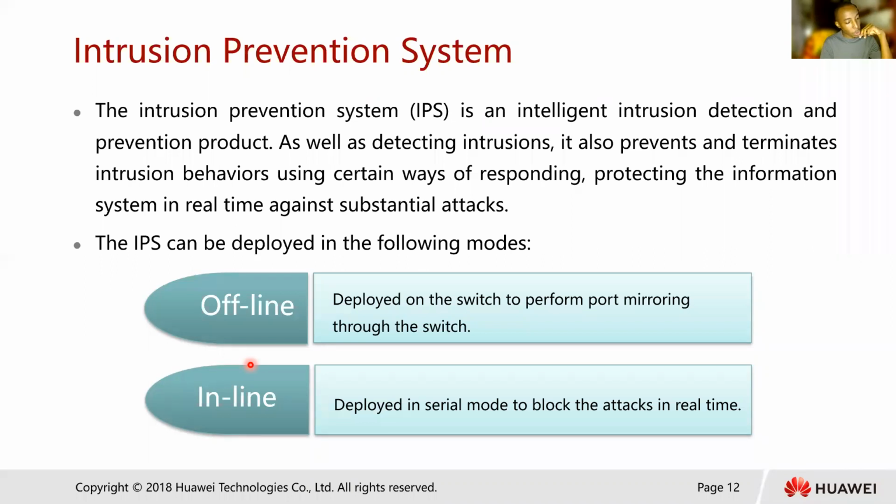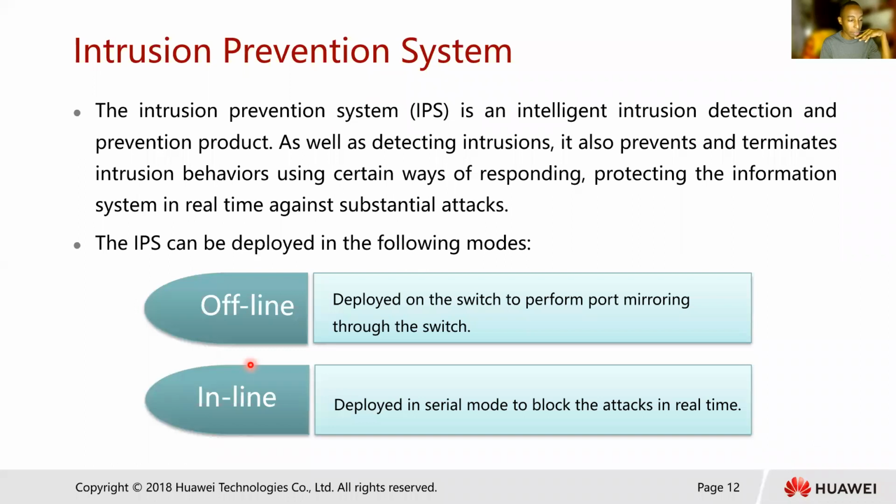So we have an intrusion prevention system, and it can be deployed in two modes, offline or inline. When it is offline, it is deployed on a switch to perform port mirroring through the switch. When it is deployed inline, it is deployed in serial mode to block attacks in real time. So it is not doing it in a passive way.